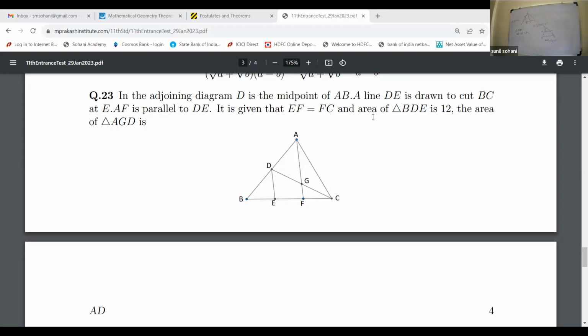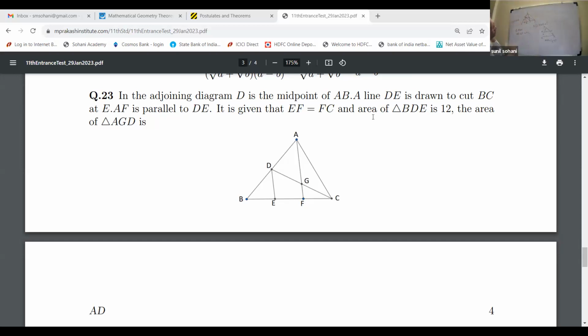So now I do little one more marking here, that this dash, and now this dash is also same. Now I am going to join DF and DC. Also, I did not complete that figure also. Now, okay, now figure is complete.